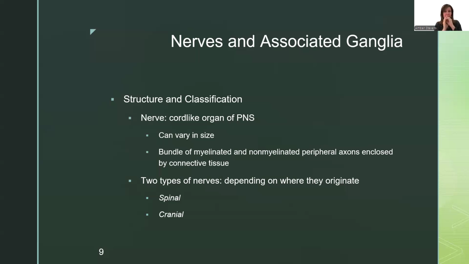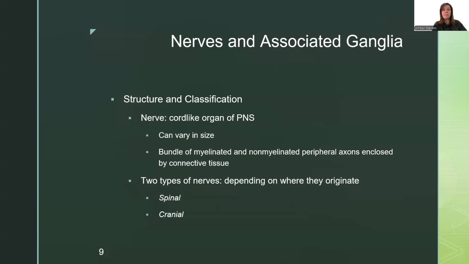And the whole nerve is enclosed by the epineurium, right? We talked about this last week. And then we have bundles of myelinated and unmyelinated peripheral axons enclosed by those connective tissues. We talked about what myelinated and unmyelinated meant last week.